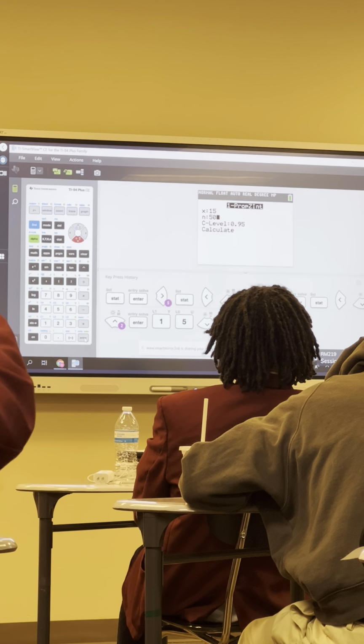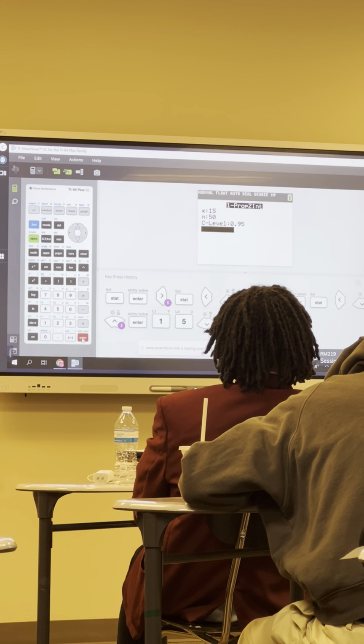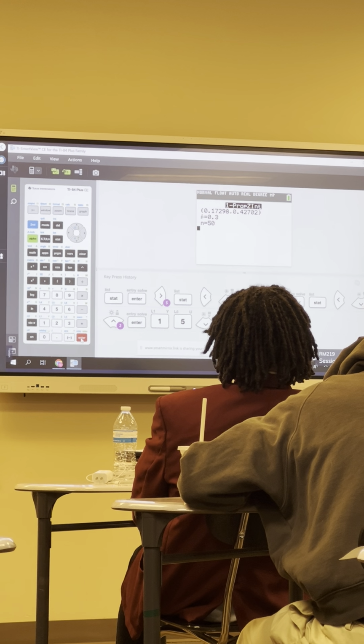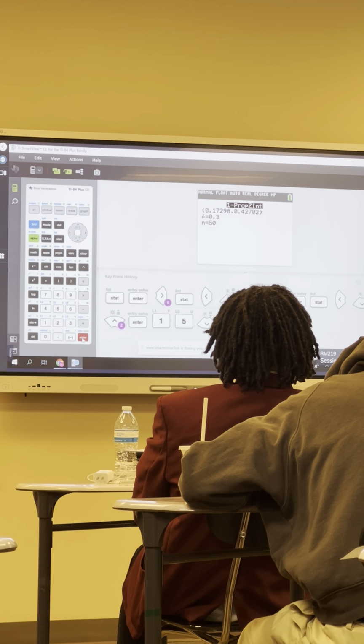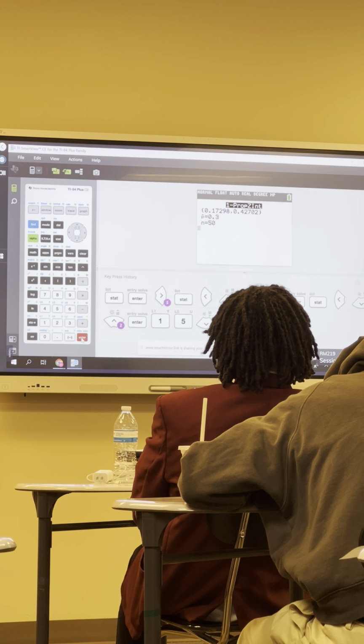What's your X? This is a 95% confidence level, so you don't have to worry about it. This is the confidence interval. Write it down with the parentheses. Do we put an X? The X is not in the chart. Working backwards, 50 times 0.3, you have an X of 15, okay? I got an error. What did I do wrong?